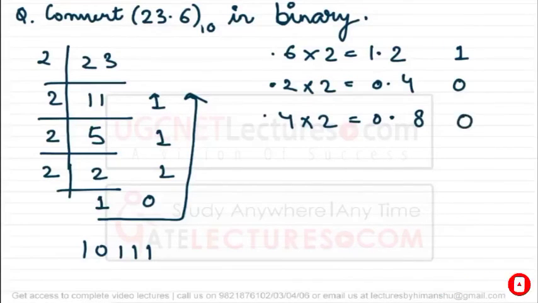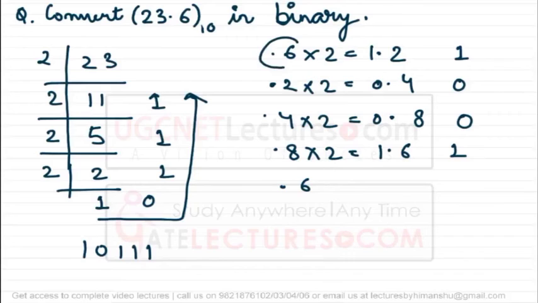Again the integral part is 0. So you multiply 0.8 by 2. You get 1.6. 1 is the integral part. See, you got 0.6 again. You started with 0.6 and you got 0.6 again. This means that this fraction is never going to end. It will never give us one particular integral value.